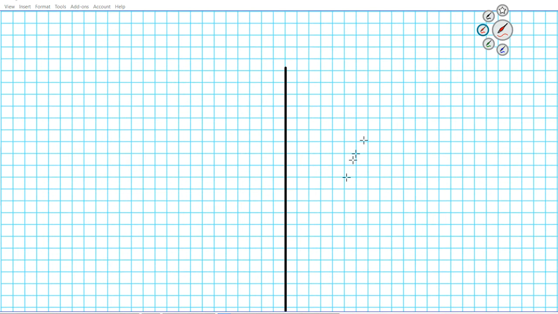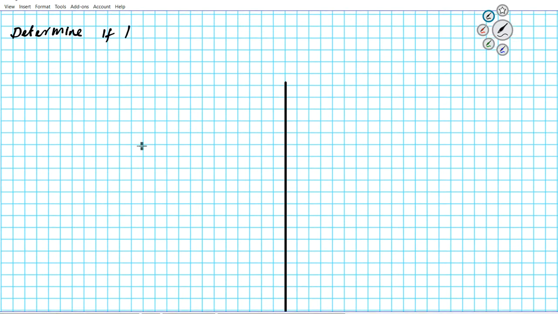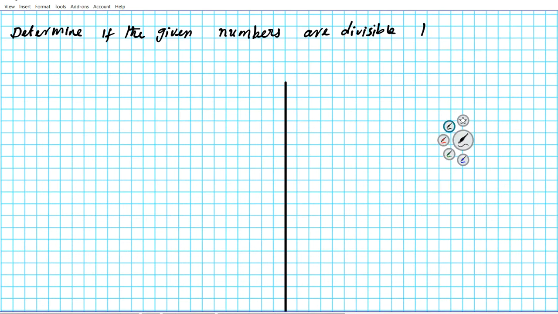All right, let's take a look at the instructions for the two examples we're going to do. Instructions are as follows. We have to determine if the given numbers are divisible by 2, 3, 4, or 5.